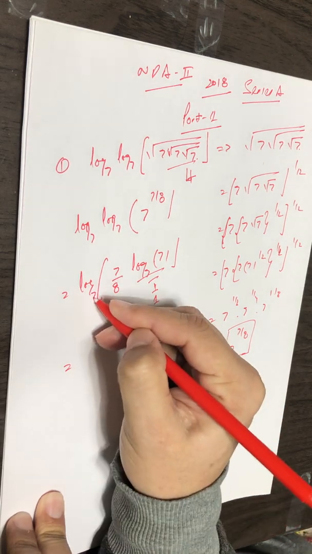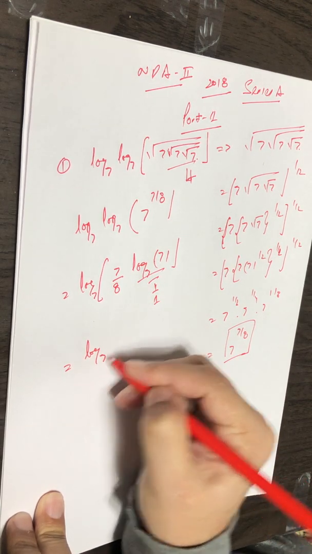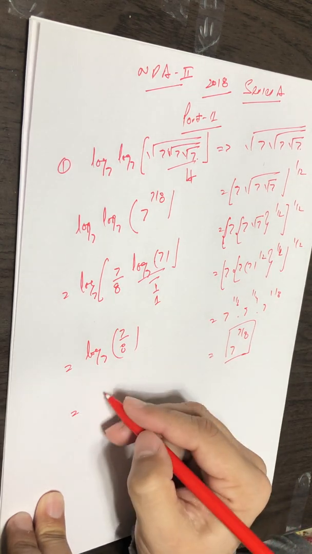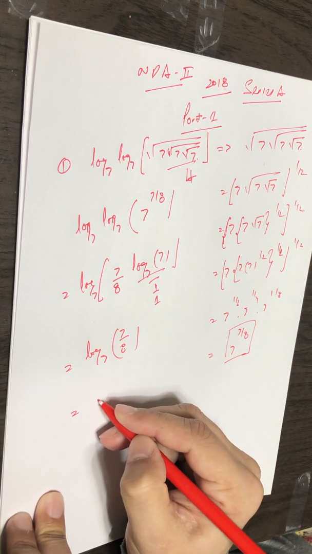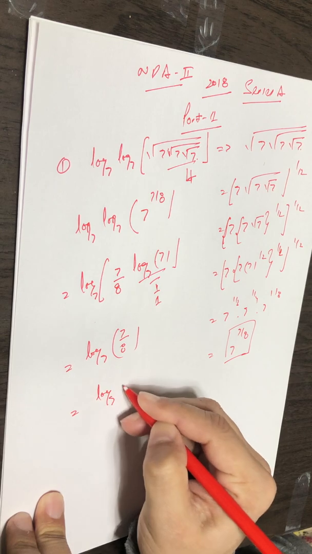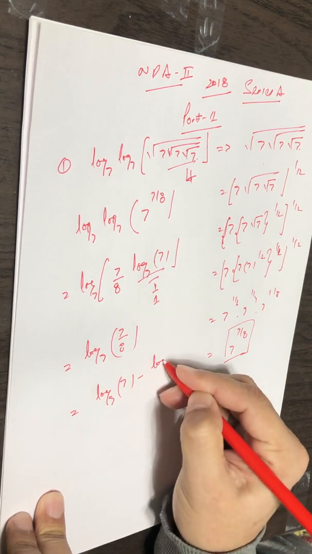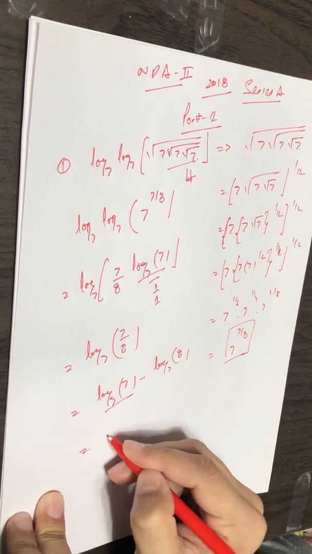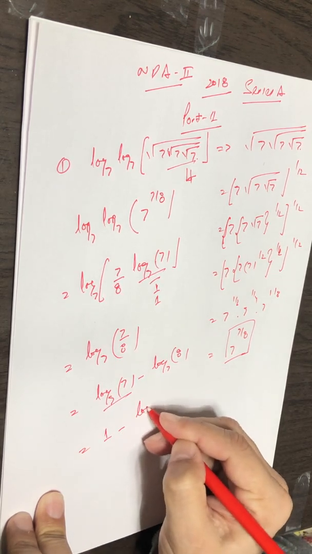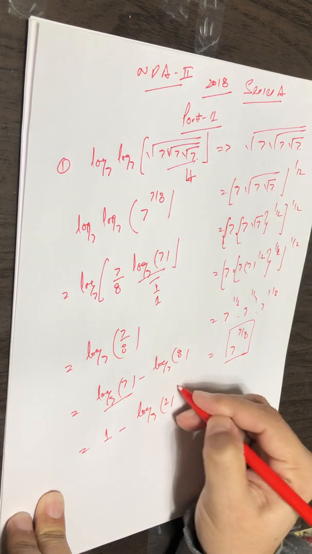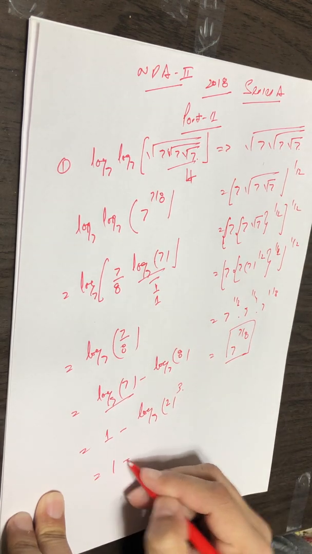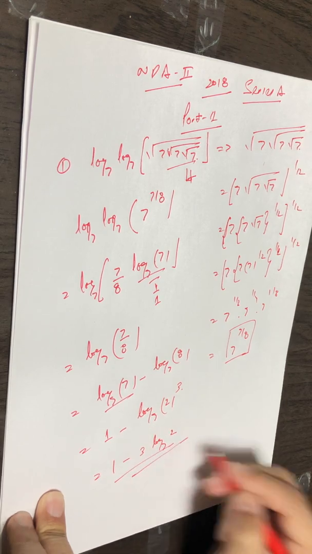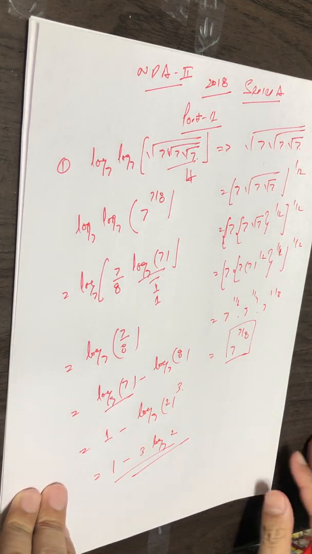This will equal log of 7 by 8. Once again using the log property, we can write this as log to 7 minus log to the 7 of 8. This will equal 1 minus log of 7 of 2 raised to power 3, that is 1 minus 3 log to the base 7 of 2. This is the final answer.